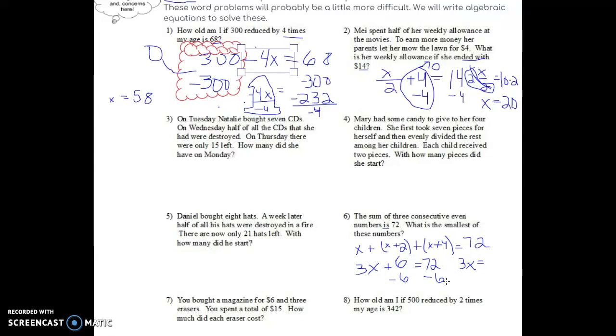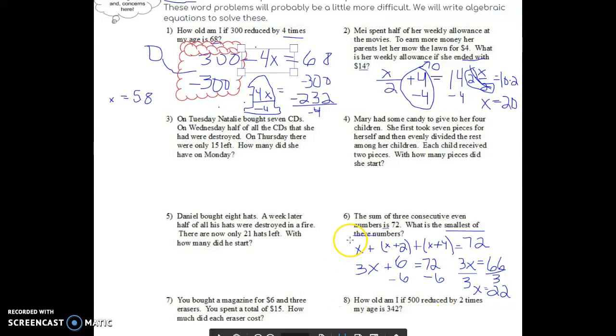I believe that's 66 if I'm not mistaken. Then I'm going to divide by 3. So 66 divided by 3 is, think about it, 22. So here, it asks for the smallest of the numbers.